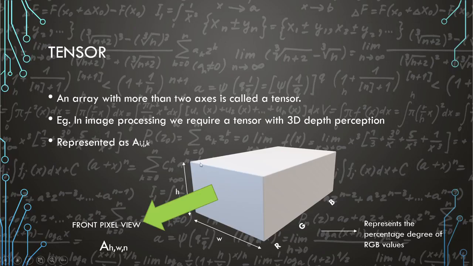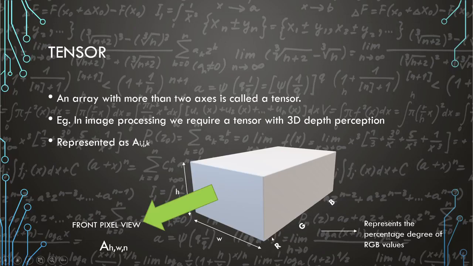You can see this is the view of the image with dimensions height and width. H cross W is the dimension of the main image. Now there is a 3D depth perception. What does it actually mean? You must know that all the colors we have are a combination of red, green and blue. So there are certain values of red, green and blue in an image.